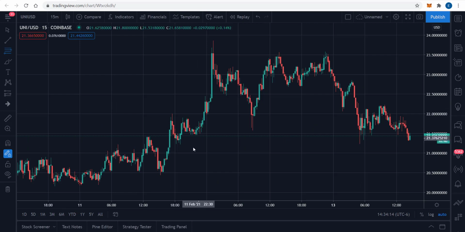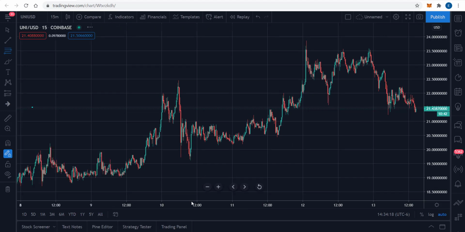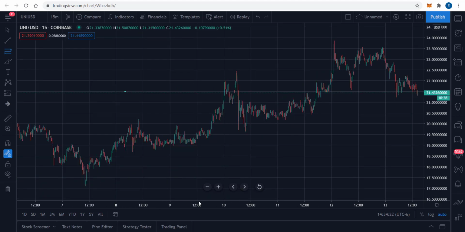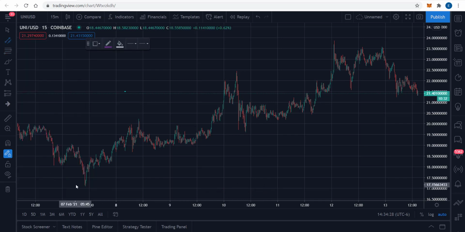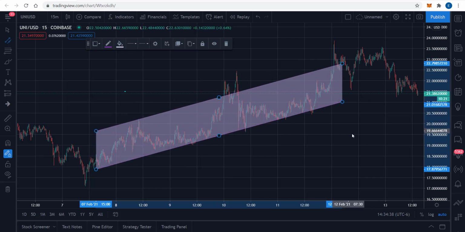So the 15 minute level is always interesting, of course. You just get more data points, right? And we can see, you guys probably know by now, I like putting things into channels just to get a sense of where it's come from and when it kind of broke out.